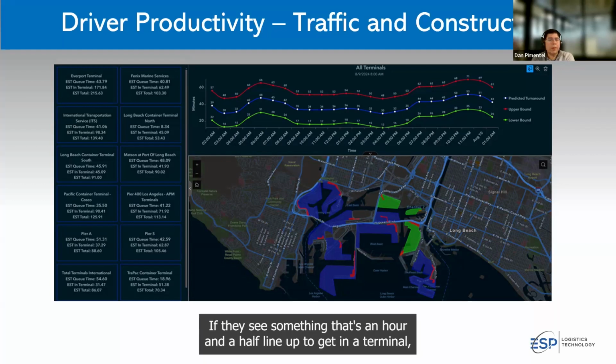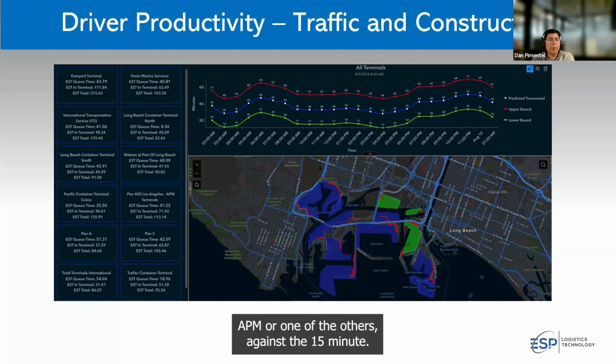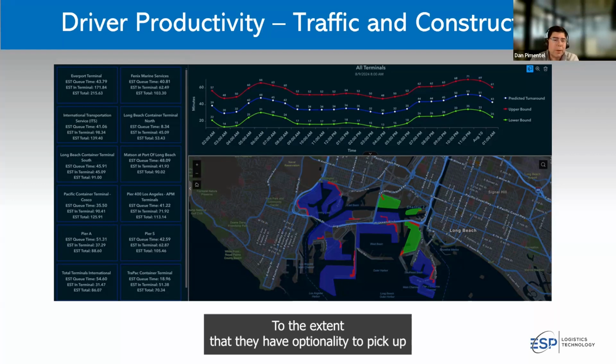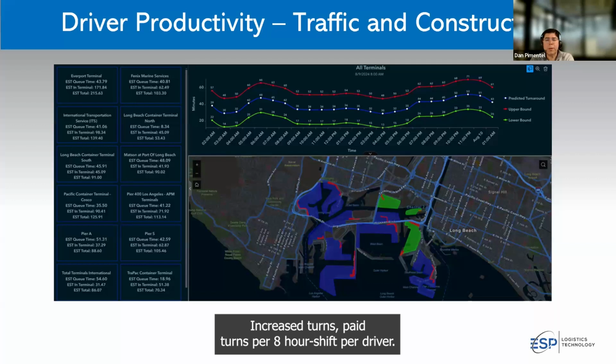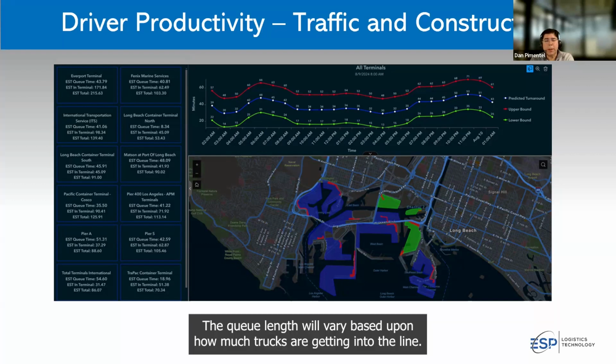If they see something that's an hour and a half lineup to get in a terminal, APM or one of the others, against a 15-minute, and to the extent that they can get an appointment, to the extent that they have optionality to pick up containers at different locations, that could make them more productive and increase paid turns per 8-hour shift per driver. One of the other things we can do is create dynamic queues, right? The queue length will vary based upon how many trucks are getting into the line. And sometimes we know that can back up to the 110 or the 710 freeway.